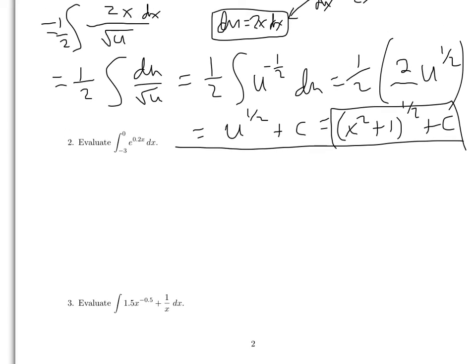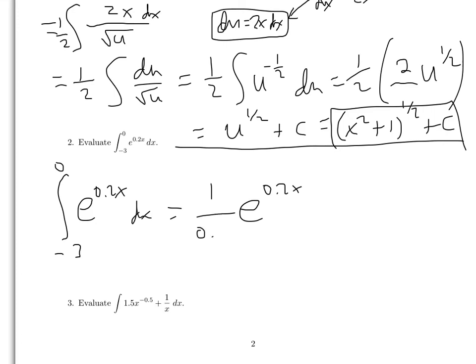The second problem, this is just using our antiderivative rule for e to the something x. So that rule is, so e to the 0.2x dx. The antiderivative of e to a number times x is that same exact thing, but times the reciprocal of the number that's with the power there.